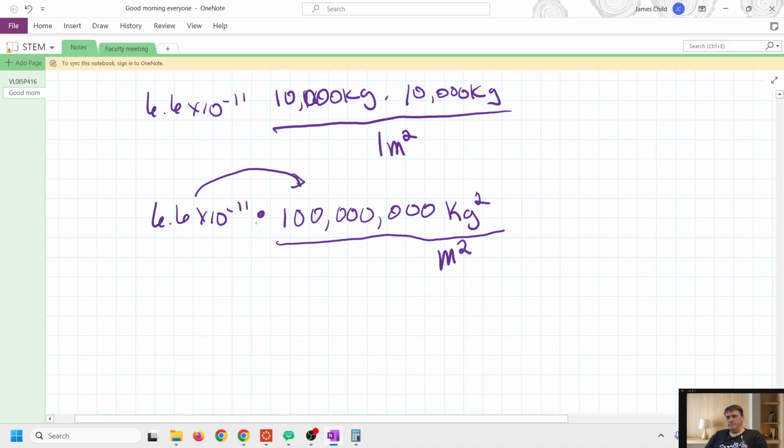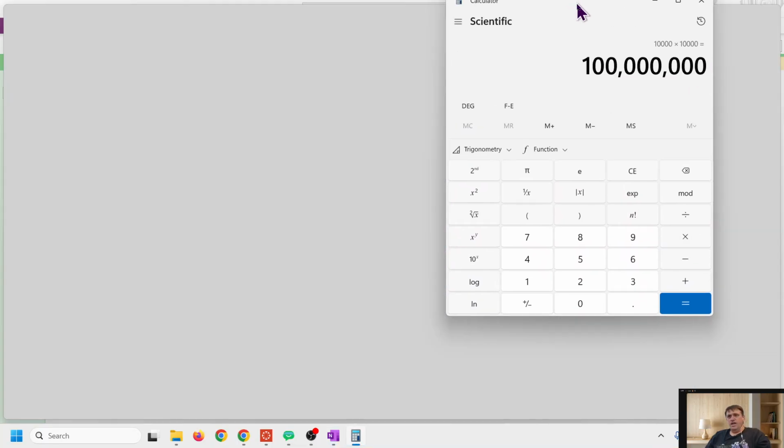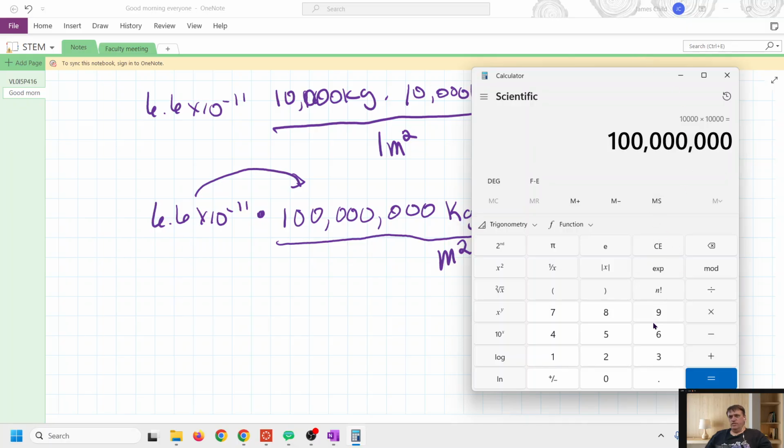Now let's multiply this and that. Let's grab our calculator. Now we're going to have to do this a little bit backwards. We're going to use the 10 to the power of negative 11, then multiply that by 6.67, which equals that, and then we're going to multiply that by 100 million.